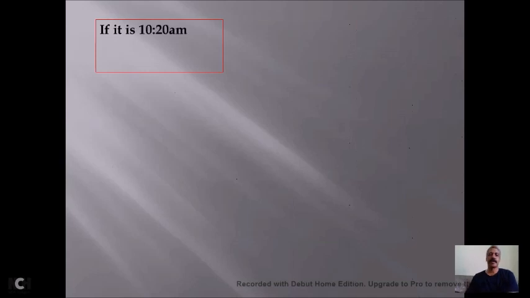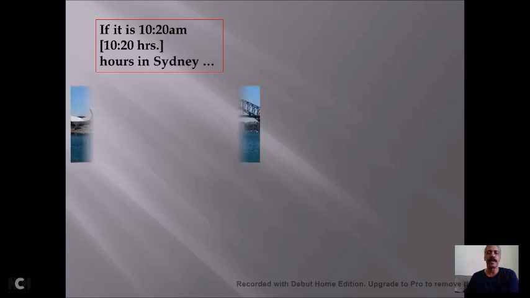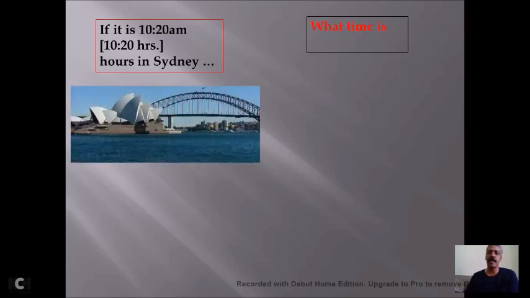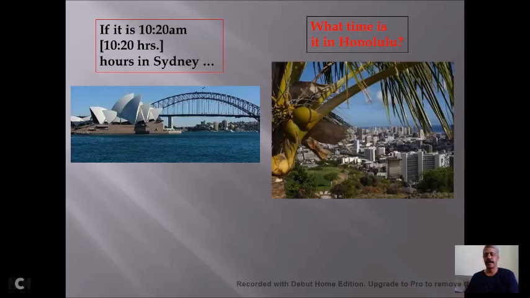If it is 10:20 a.m., meaning 10:20 hours in Sydney, what time is it in Honolulu? You see, according to the difference between Sydney and Honolulu, okay, it will be Sydney minus 20 hours because you will go to the west.